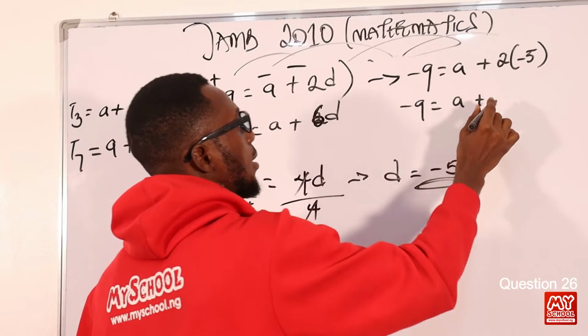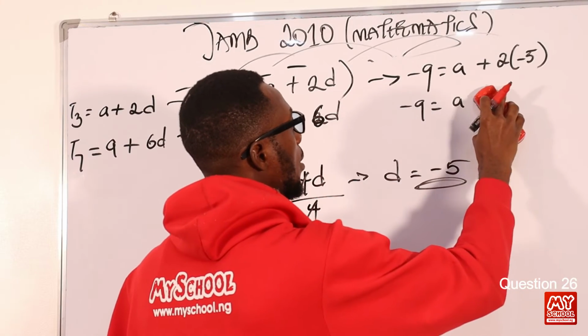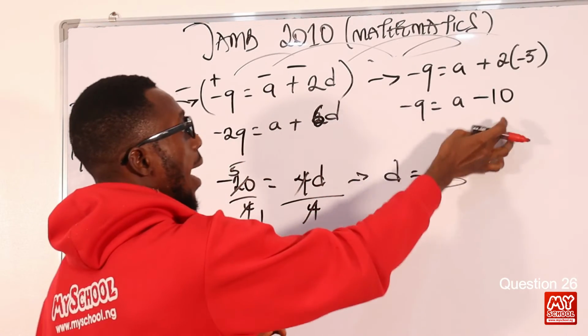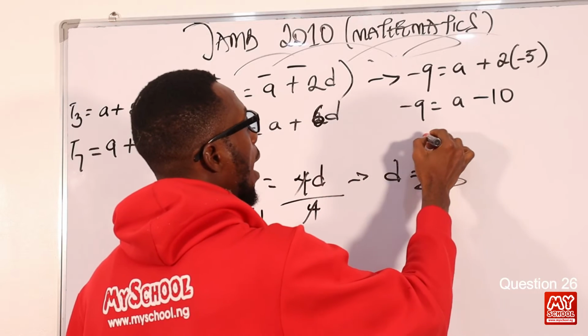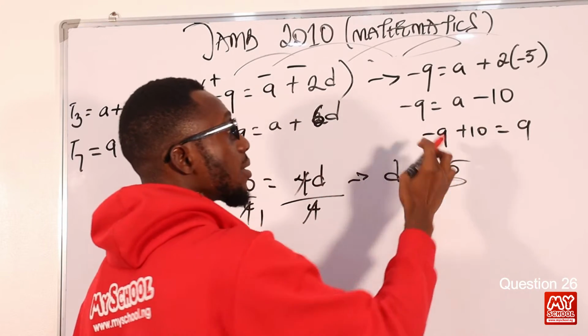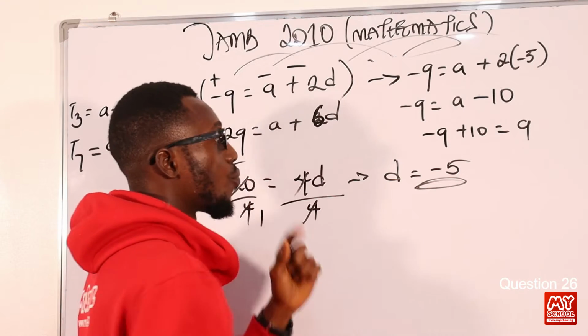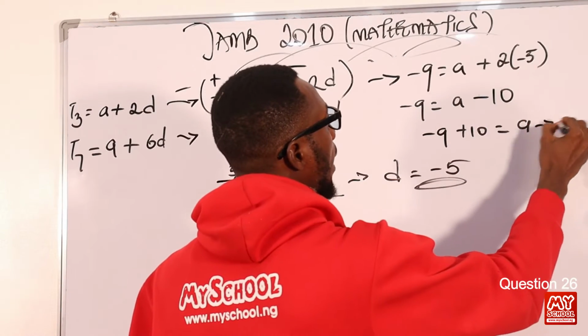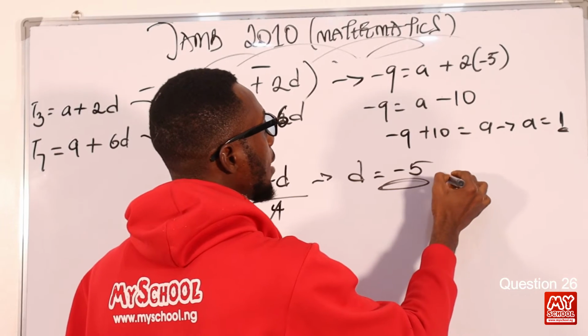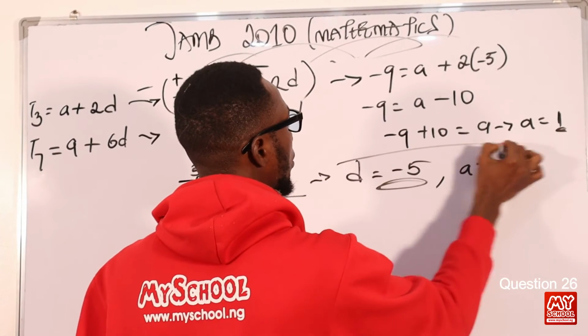Minus 10 times plus, that is minus. So let's effect the change. So I have -10 here. So what can I do? I can send this outside. So I'm going to have -9 plus 10 equals A. So -9 plus 10, that is 1. So that implies that my A equals 1. So D equals -5 and A equals 1.